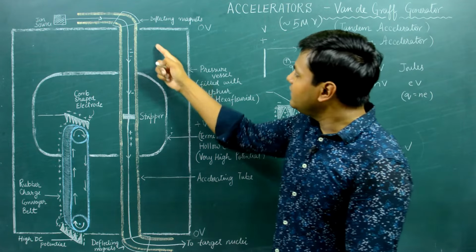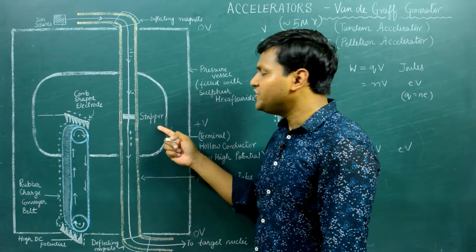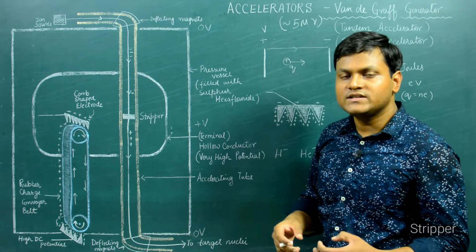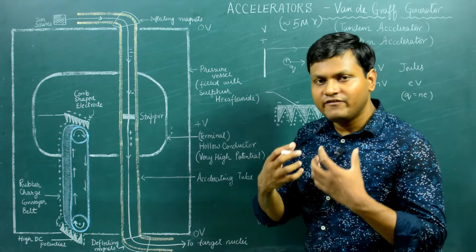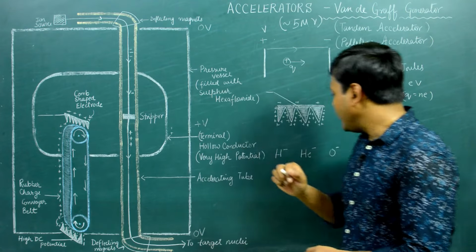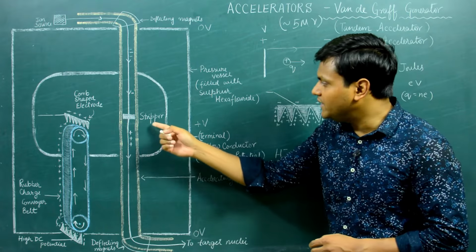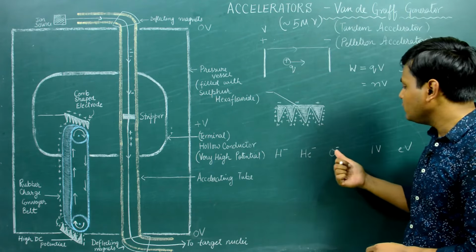Now the moment these negatively charged ions come here, they pass through something known as a stripper. A stripper material is like a carbon foil or a container with a gas at low pressure, which can effectively strip away the excess electrons from these ions.